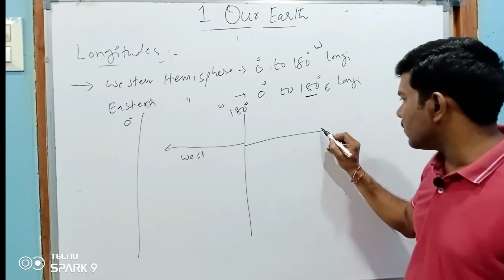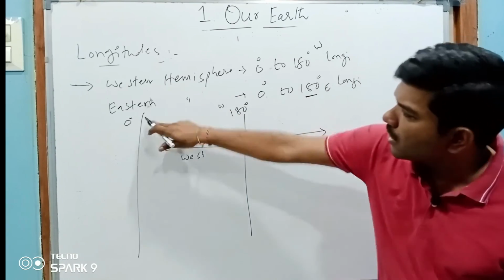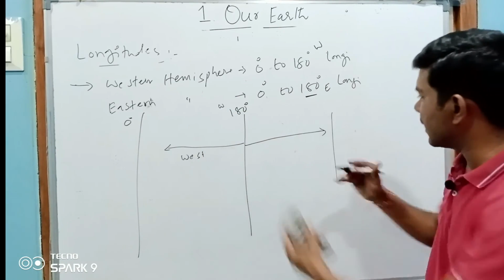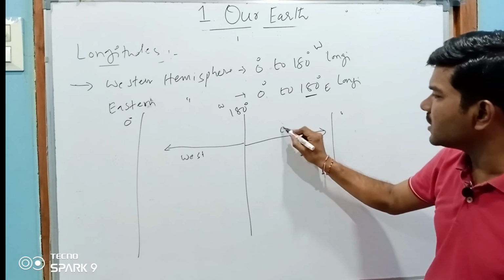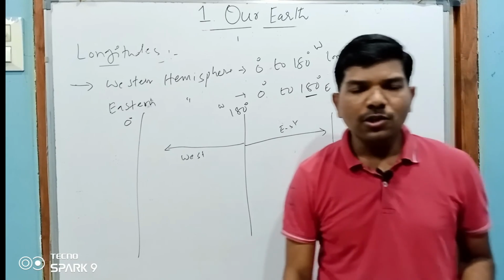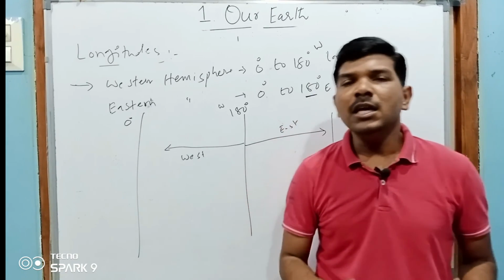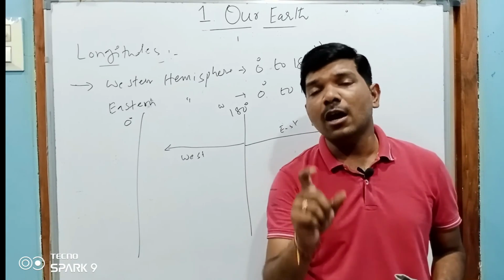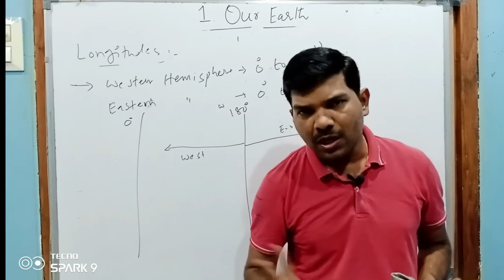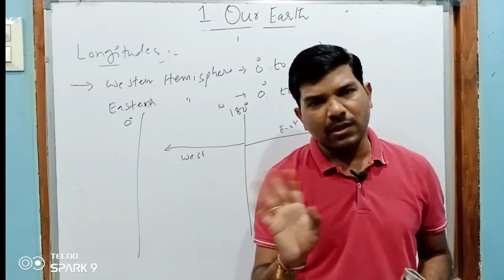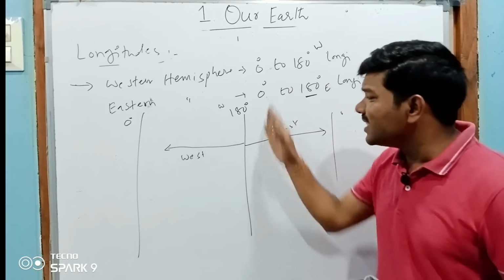If you take it back from 180 to 0 on the other side, it is called 180 degree east. So do not be confused. The 180 longitude is only one longitude, not two. It is a decider.